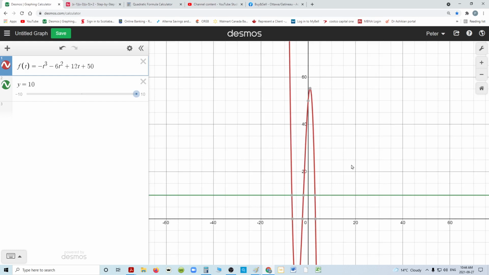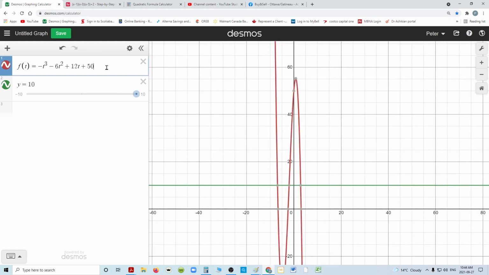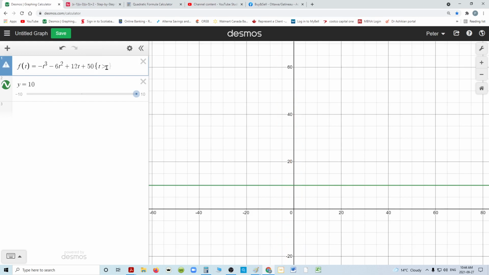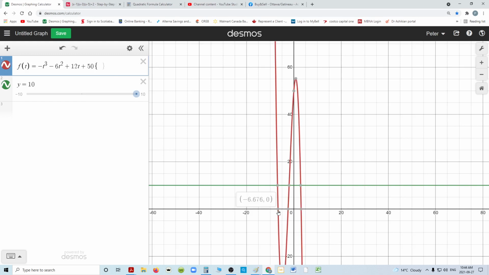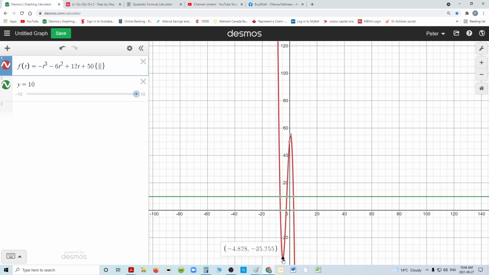So it's 0 time, and really when they're talking about time, they only care about when the time is bigger or equal to 0, because we don't really care about back in time. But you would keep the whole graph for now. They want to know when the graph is above 0, so clearly the graph is above 0 to the left of that. It dips down below 0 here, and so it hits a very low viscosity here.